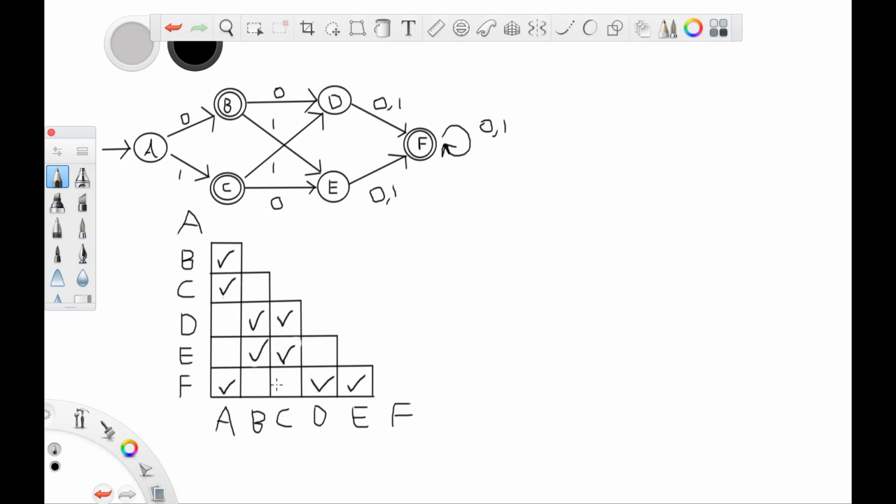So we do check BF. And now what about FC or CF? It doesn't really matter which way around it is. If C is given an input of 0, we transition to E. If F is given an input of 0, we transition to F. EF, as we can see, is checked, so we do check CF.